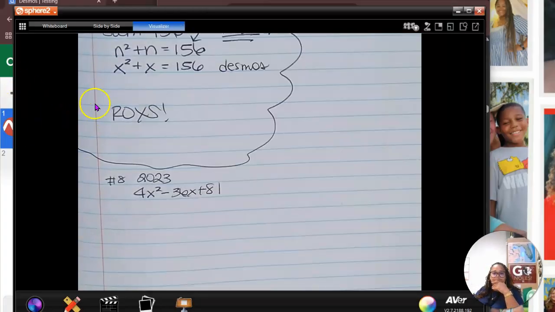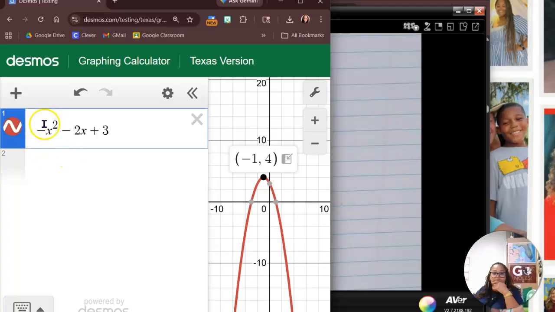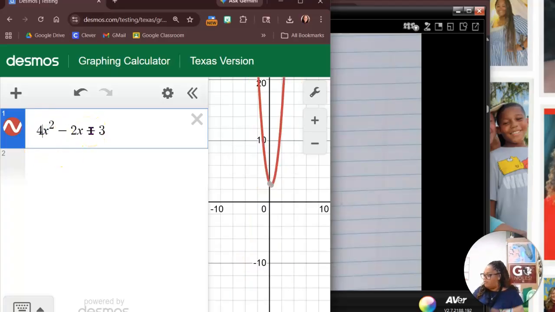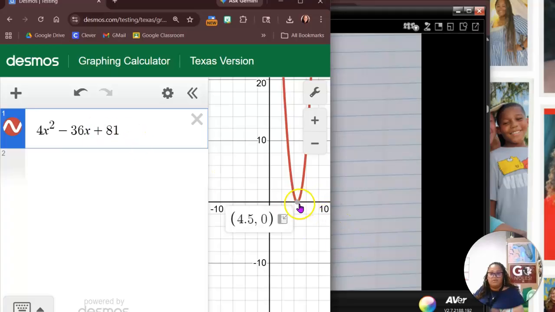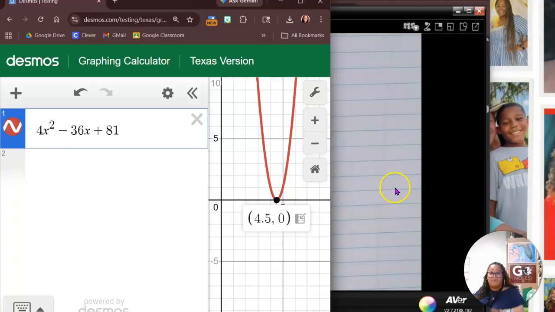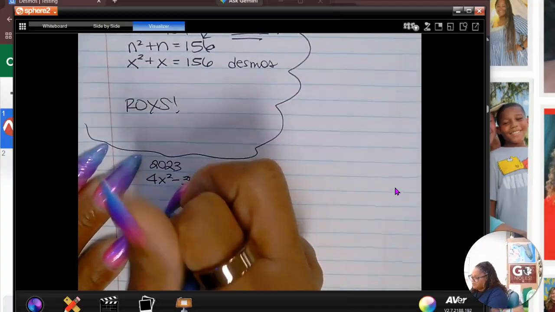Alright. 4x squared minus 36x plus 81. Alright, it's got 1 zero, so we need to zoom in on that and find out what it is. 4.5. Turn it into a fraction.